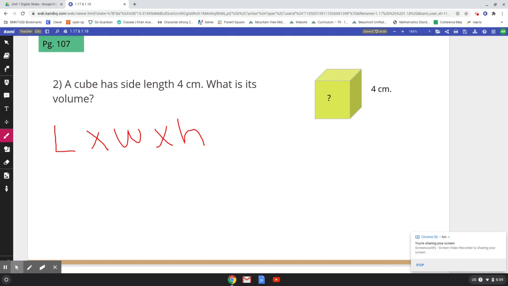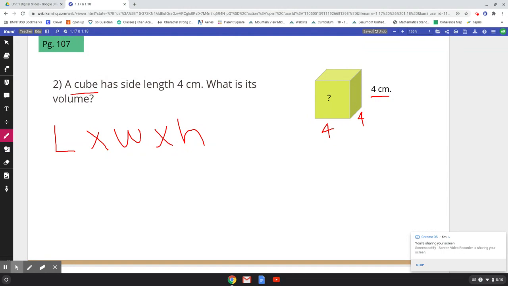So if I know that one of these sides is 4, I know that the height is 4, I know that the width is 4, and I know that the length is 4 because it is a cube. They're all the same sides. Okay? So what I would do is I would do 4 times 4 times 4.